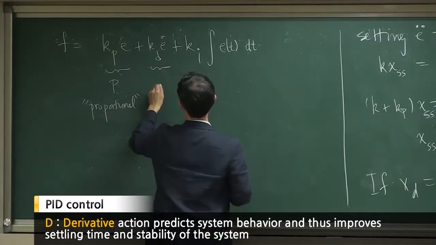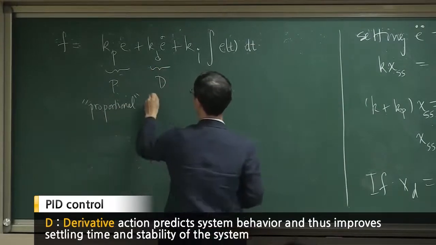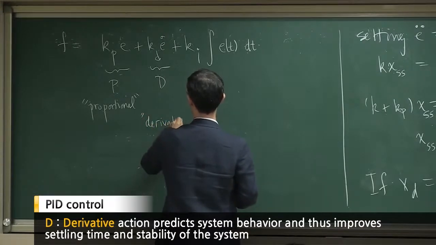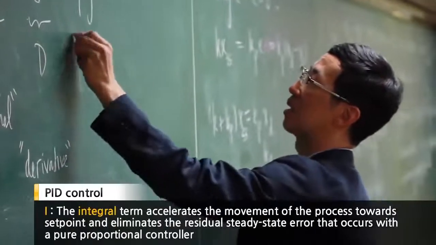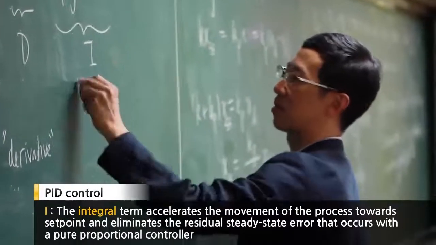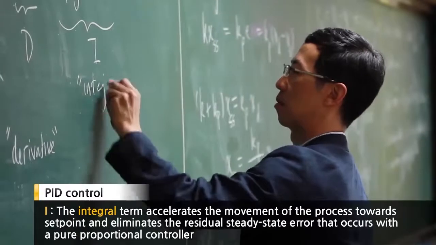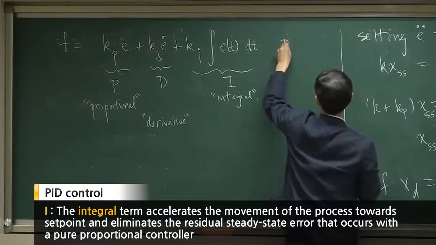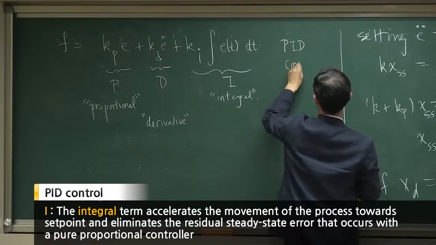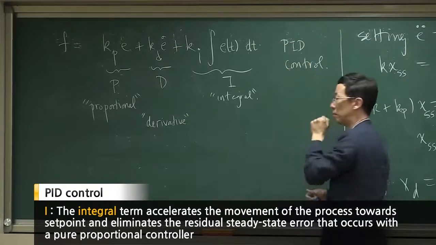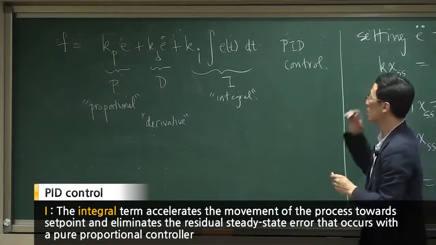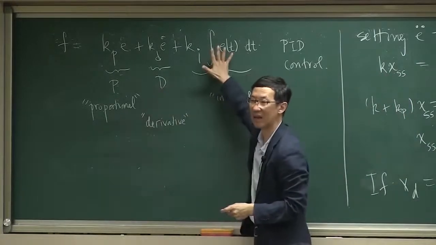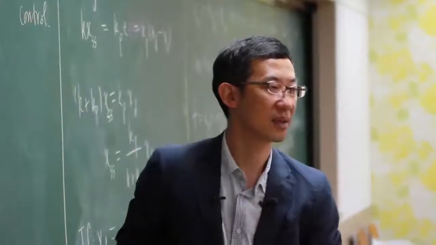This is the D term, for the derivative. And this is the integral term, that's the I term. So this is the PID control law. If you have a PD control law, that's just the P and D terms without the I.